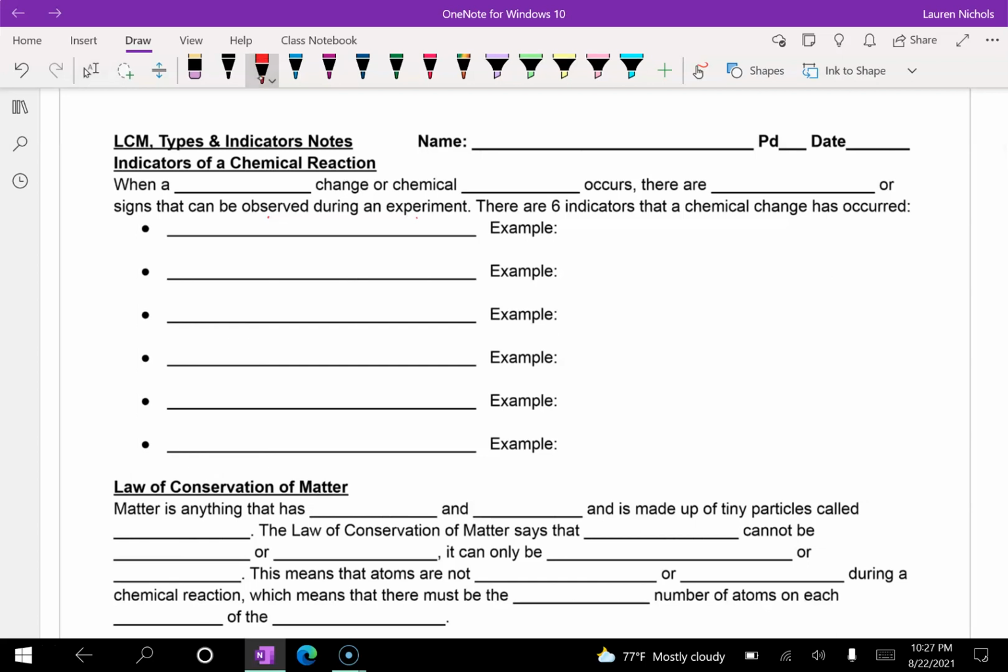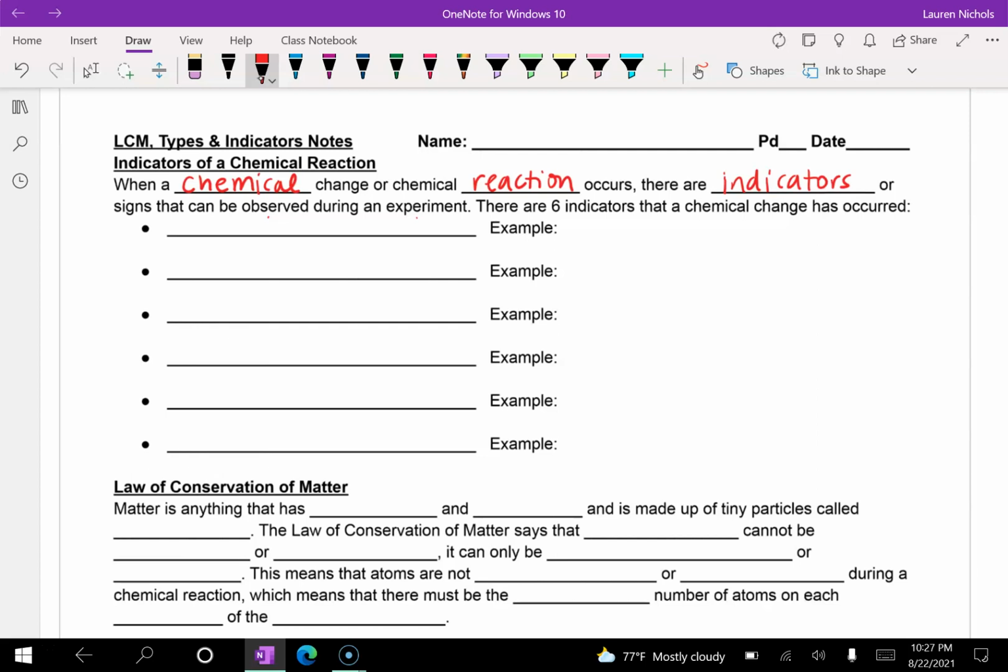So we are going to be talking about the law of conservation of matter, types of chemical reactions, and indicators that a chemical reaction is happening. When there is a chemical change or a chemical reaction, and those things are the same, there are indicators or signs that a chemical reaction or chemical change has happened.